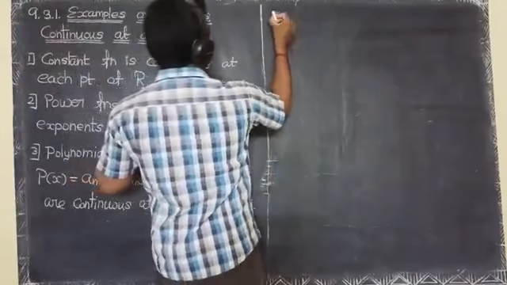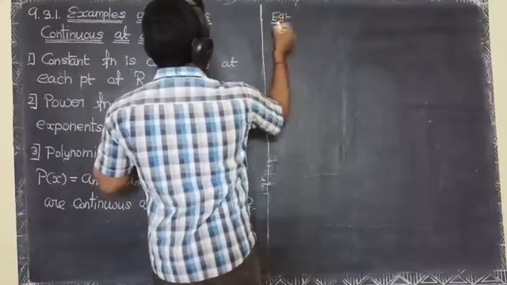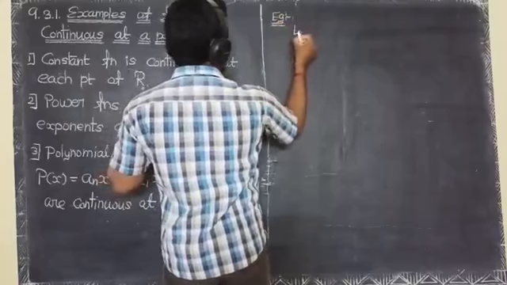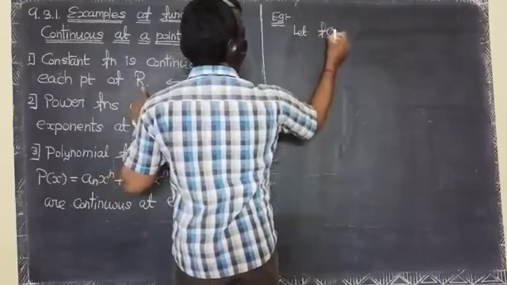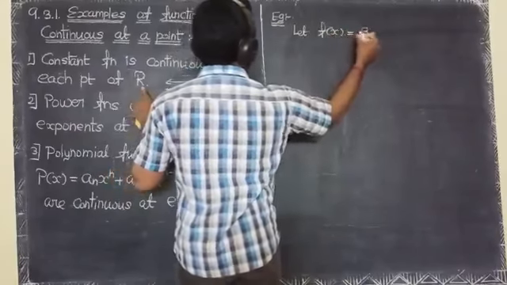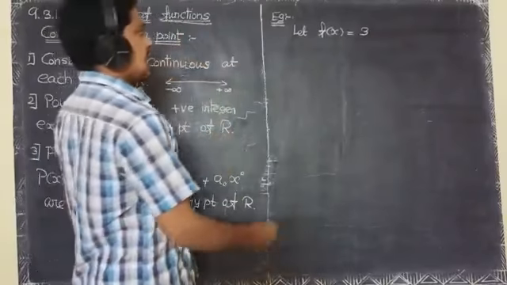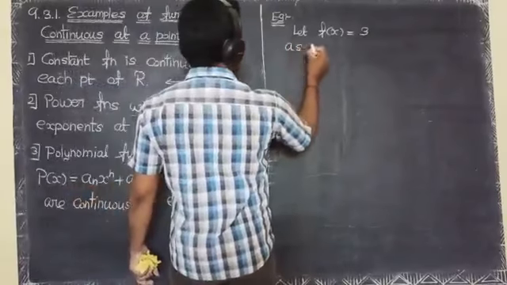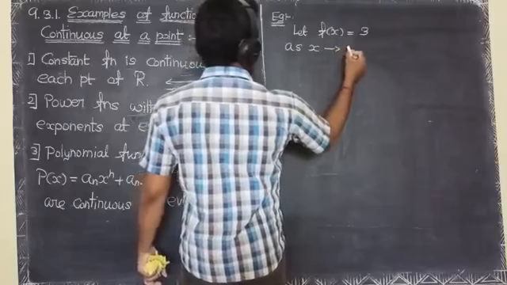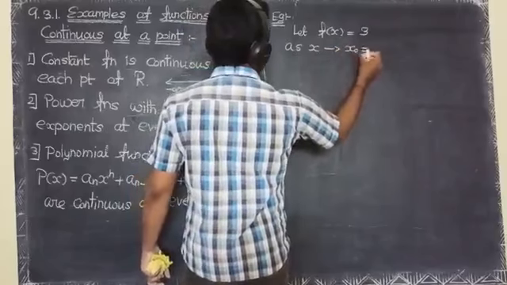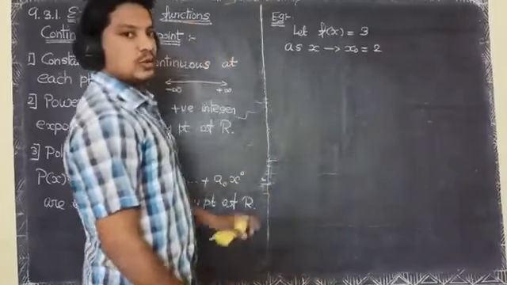For example, let f of x equal 3, as x approaches x naught, that is 2.